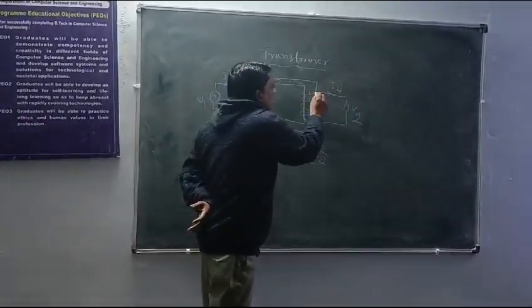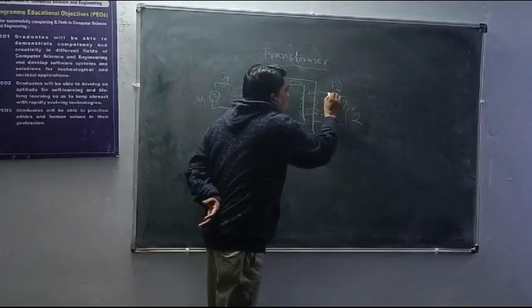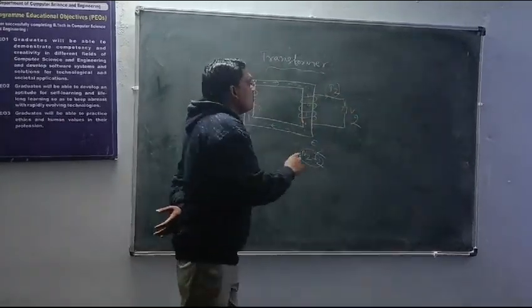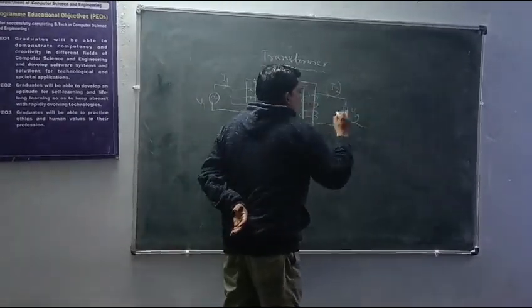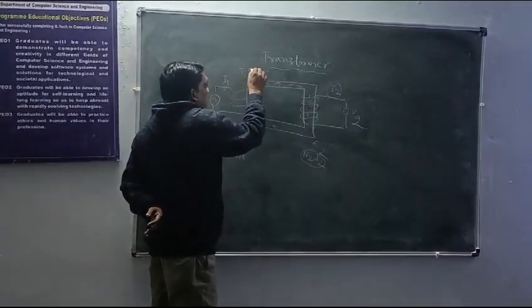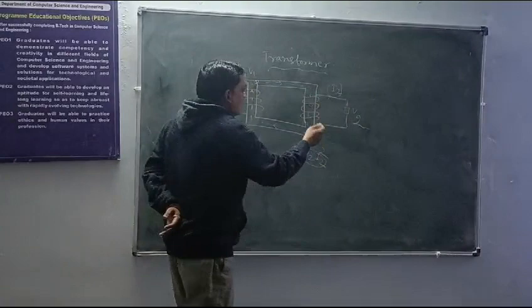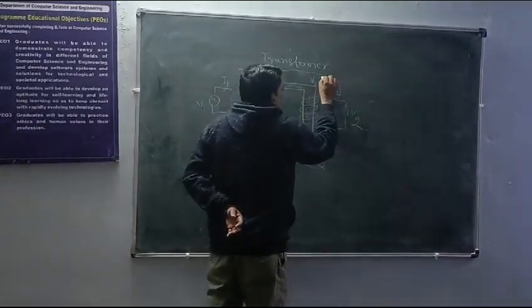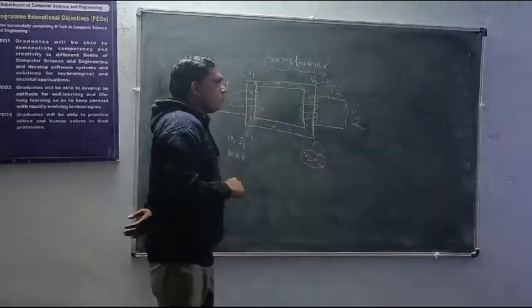When this I2 current flows through the load, there will be a voltage V2. Now see, initially the input power is V1 I1, and at the load side the power is V2 I2.